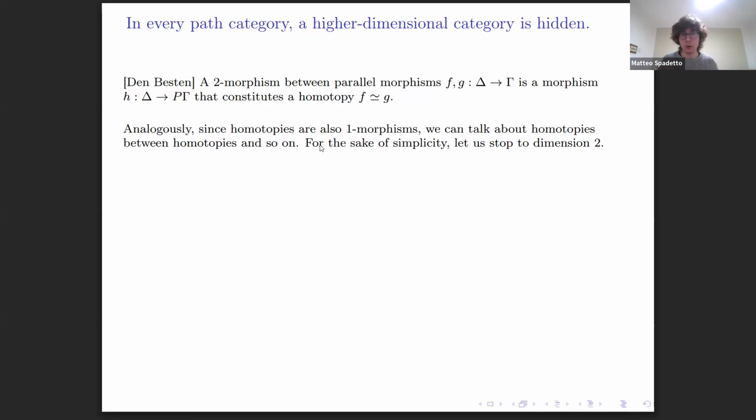Anyways, for today, for the sake of simplicity, for these last 5 minutes, let us just stop at dimension 2, which means we have to quotient the two-dimensional level. In place of considering homotopies between parallel one-cells, we consider as two-cells equivalence classes of parallel homotopies, where the equivalence relation is itself a homotopy.